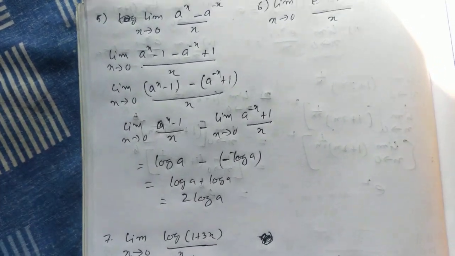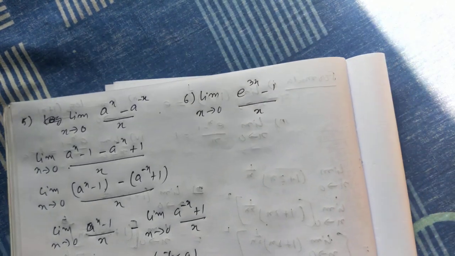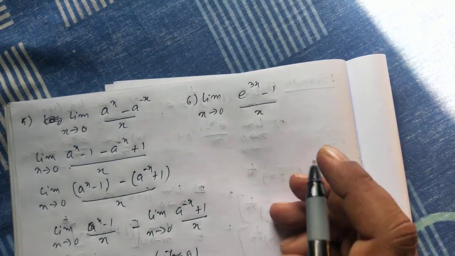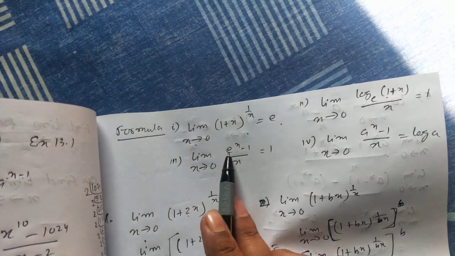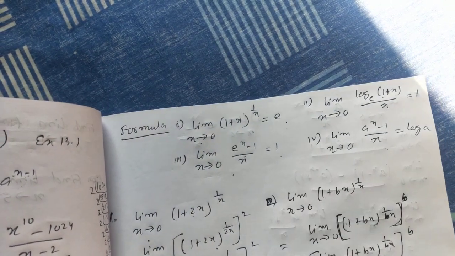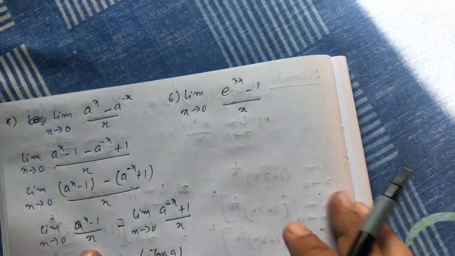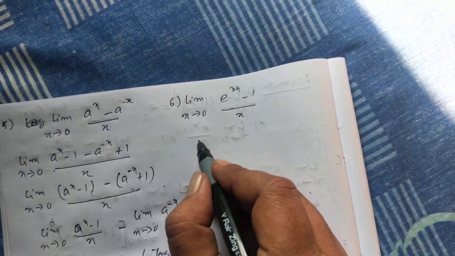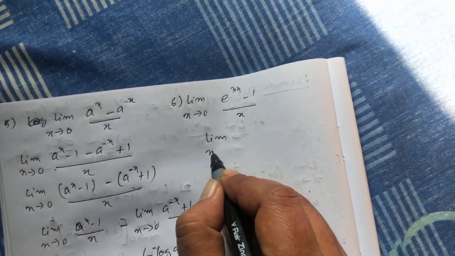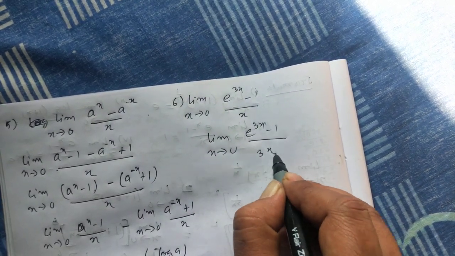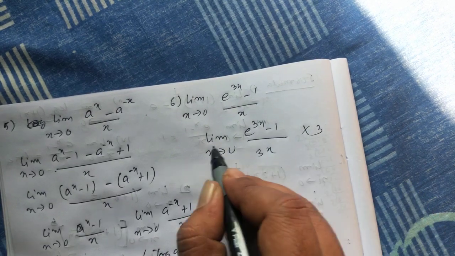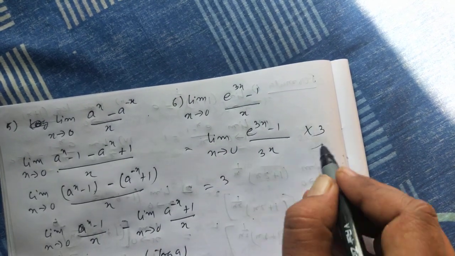Okay. Let's do it with the formula e to the power x. Check the formula: (e^x minus 1) by x is 1. Since this is 3x, I'll make 3 here. Limit x tends to 0, (e^3x minus 1) by 3x will be 1. Since I'm putting 3, I'll multiply by 3, so that constant will be out.